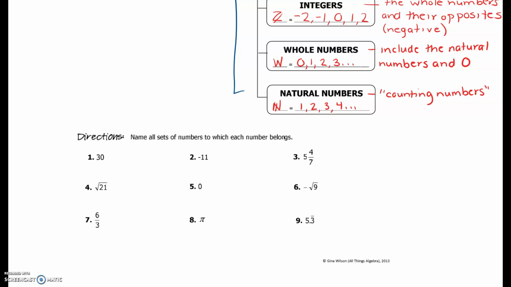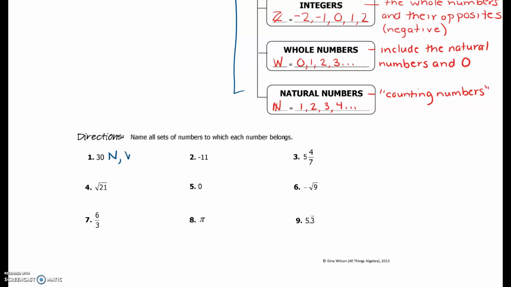And the easiest thing to do here would be to just write the letters, but if you are a little confused with that, you can just write the words of each group. So the number 30, it's a basic counting number. It would be a natural number. All right, so this means it is natural, and it is also everything else above it.